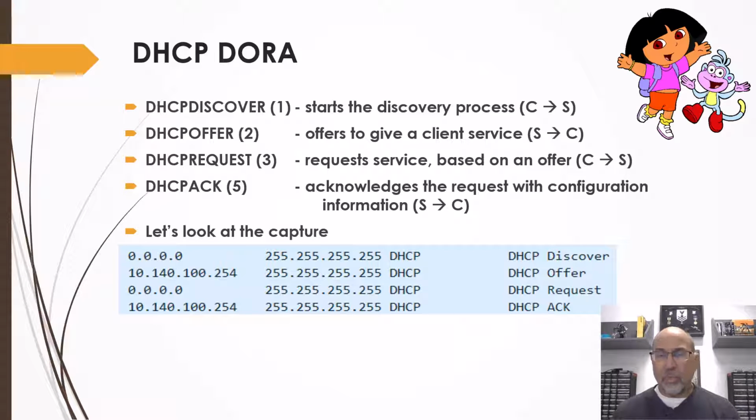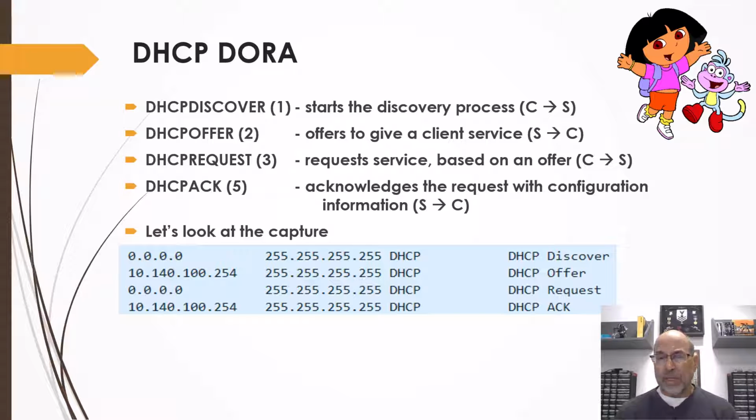So every client, when they come up and they need to get an IP address, they go through the same process. It's called the DORA process for discover, offer, request, and acknowledgement. So the discover is from the client to the server. Actually, it's from the client to broadcast, and the servers are just waiting for these requests to go out there. So the client sends out a discover message to a broadcast address, and you can see that in the captures here.